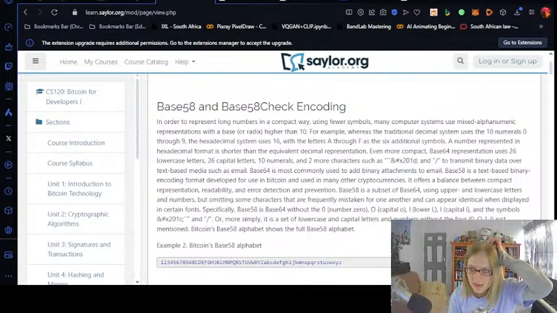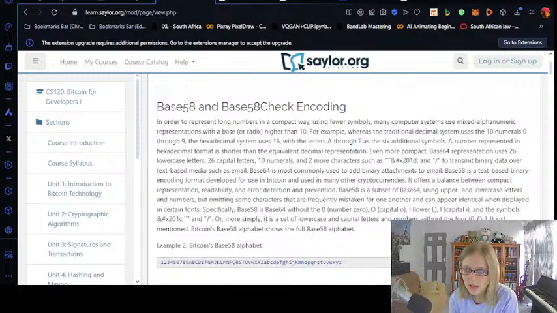Base 58 is a text-based binary encoding format, developed for use in Bitcoin and used in many other cryptocurrencies. It offers a balance between compact representation, readability, and error detection and prevention.